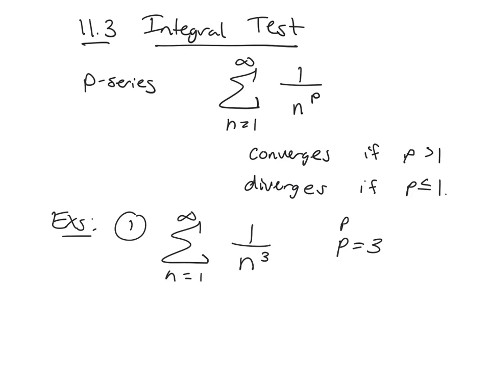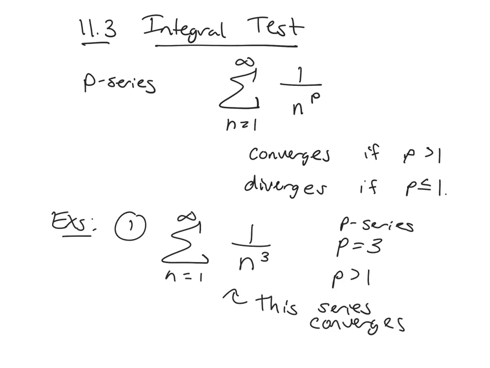So I've identified that this is a p-series, and I've said what the value of p is, so now you should be able to tell me, does the series converge or diverge? It converges, right? If I get a number bigger than 1, it converges. So p is greater than 1, so now I know that this series converges. Okay.